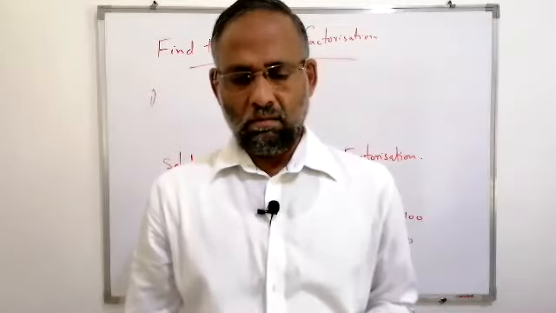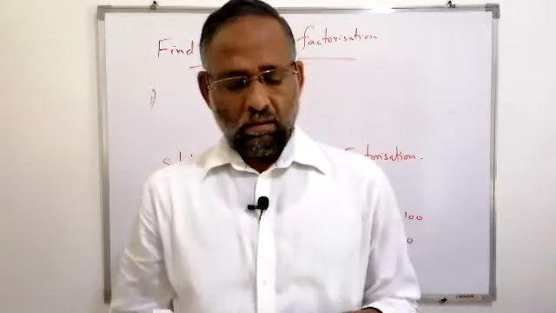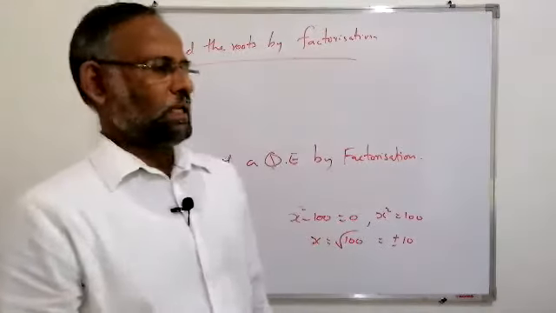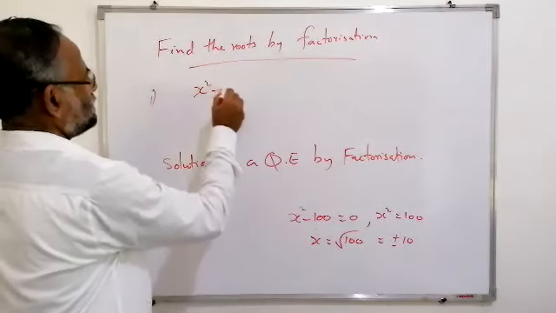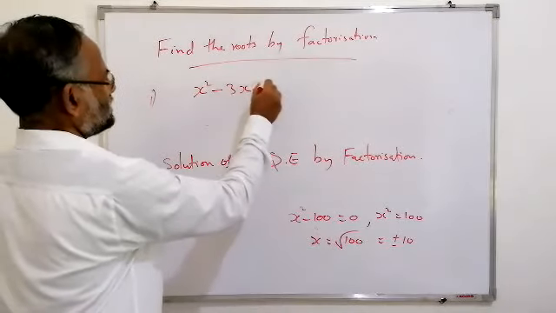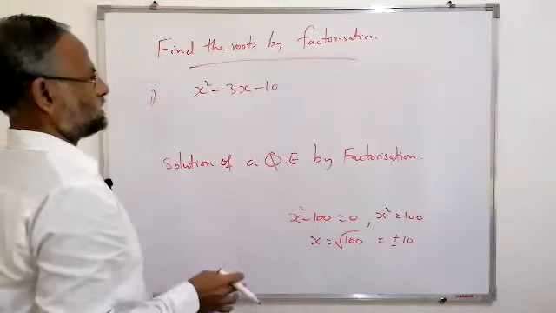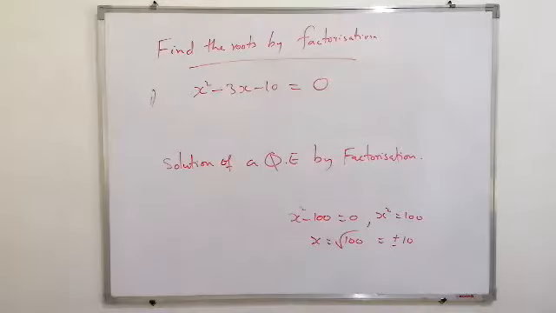Can I give the example? Okay. x square minus 3x minus 10 is equal to 0. It is equal to 0, that is the difference; it is a quadratic equation.